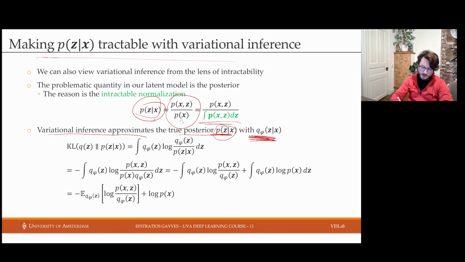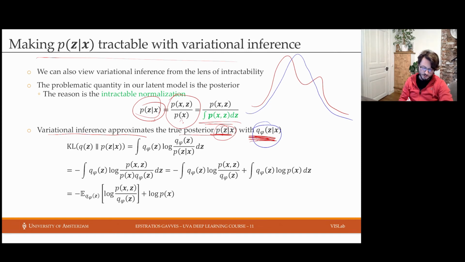So let's say my probability density function is like that, then with variational inference I'm usually using a simpler distribution, so q phi, representing simpler family distributions like Gaussians, and then I'm trying to find the Gaussian that fits my true posterior in the best way possible.